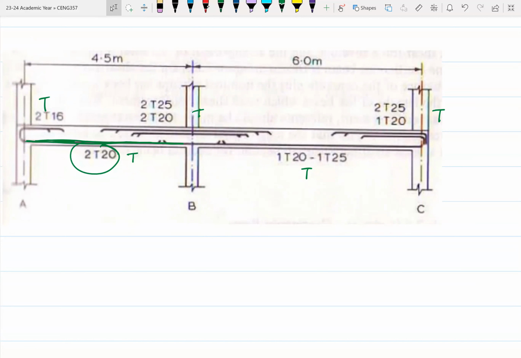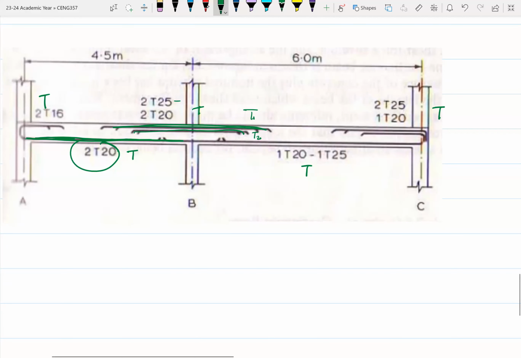You realize that with the tension zone over the support, we have two rebar arrangements, the T1 and the T2. Maybe the top one could be the T1 and the one below can be the T2. These are your tension rebar for the different sections.